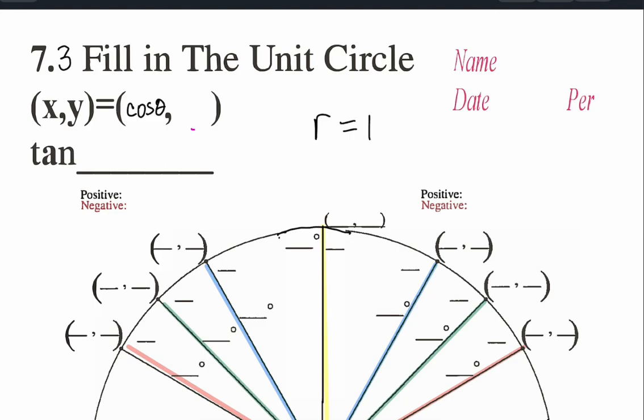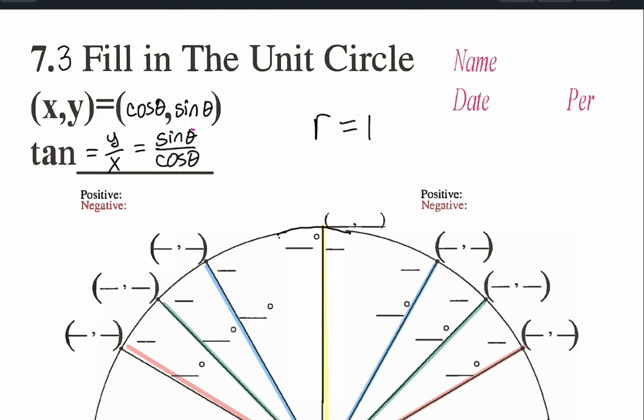The y value on the circle is exactly the sine of theta, because it will always be the opposite of the triangle that touches that point. And the tangent is y over x, or it becomes sine over cosine.